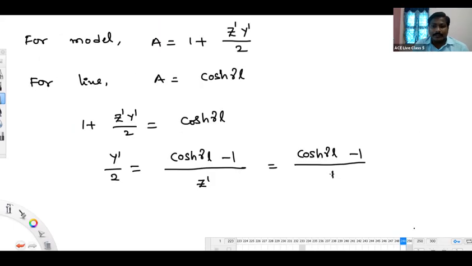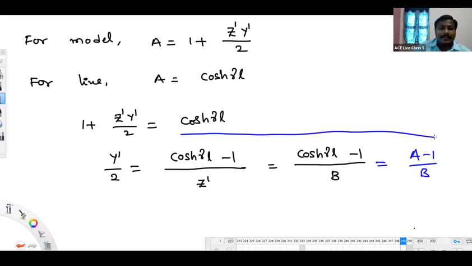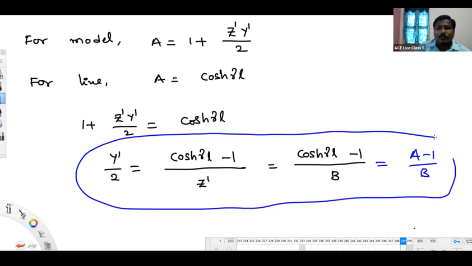Parameter B. So this is a way of calculating, A minus 1 by B. This is a way of calculating the Y dash by 2.